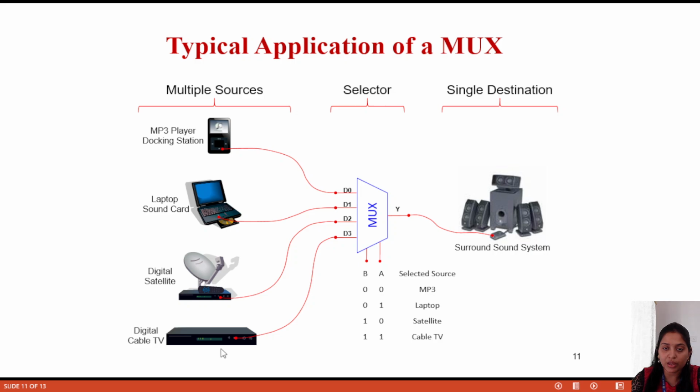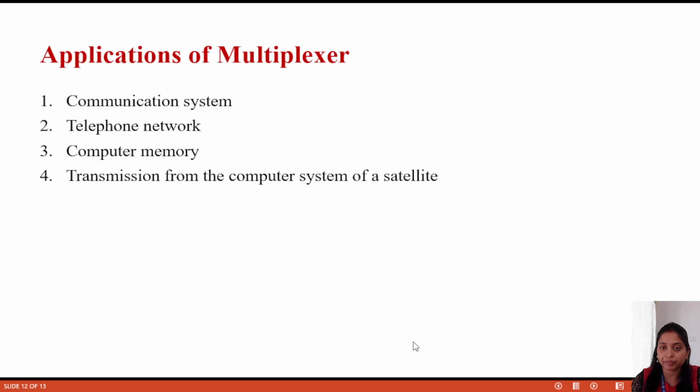At the output only a sound system is connected. So when 0 0 is selected, only the MP3 player input will go to the sound system. When 0 1 is selected, the laptop input will go to the sound system. In this way also 1 0 and 1 1.